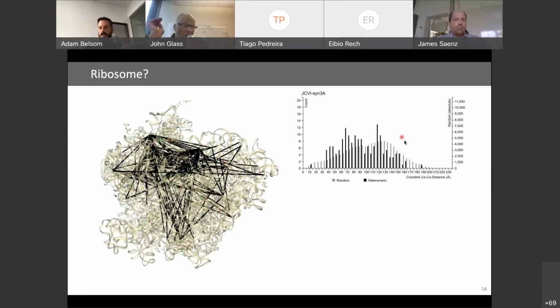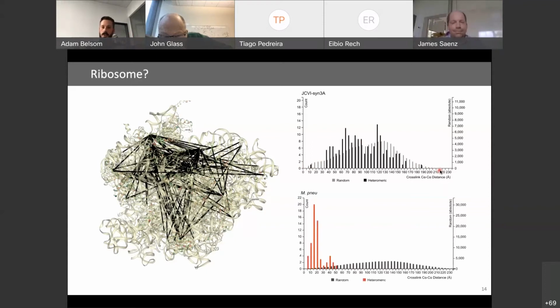In gray is the distribution that we would expect if cross-linking were random. However, the links that we get for our heteromeric links fit this distribution. So it suggests that this is not what we would expect if everything is working nicely.